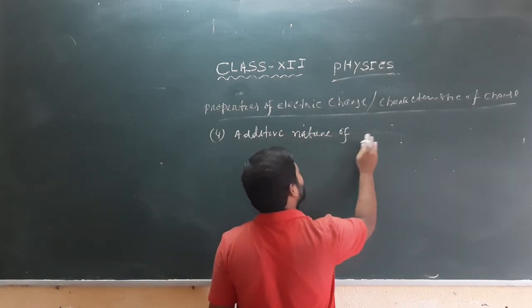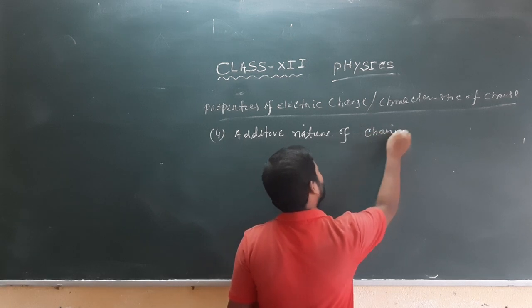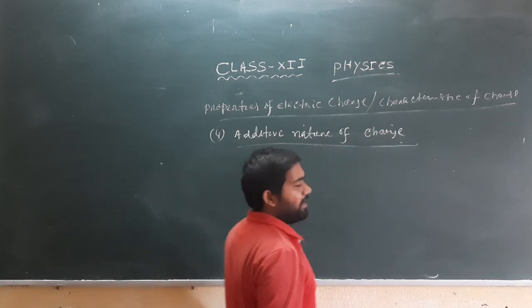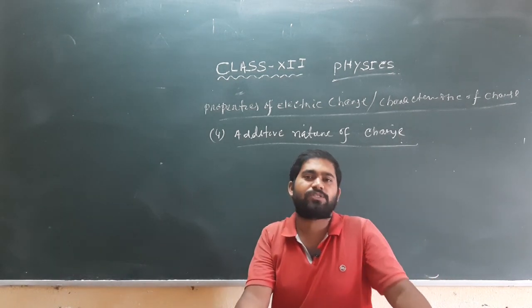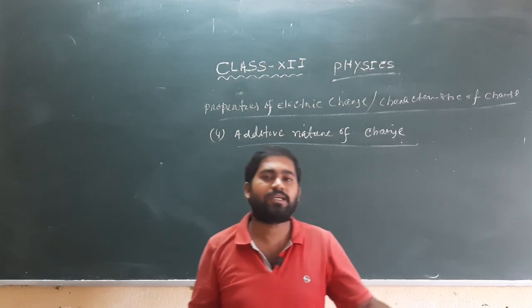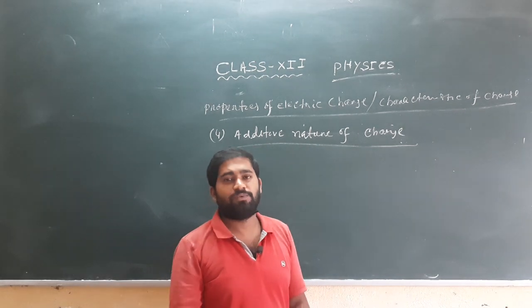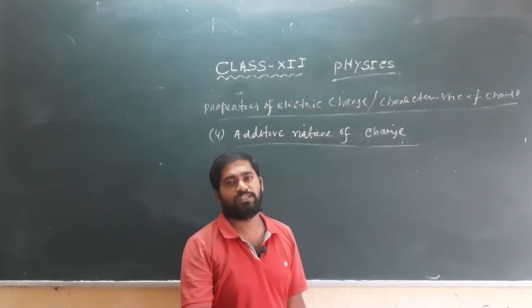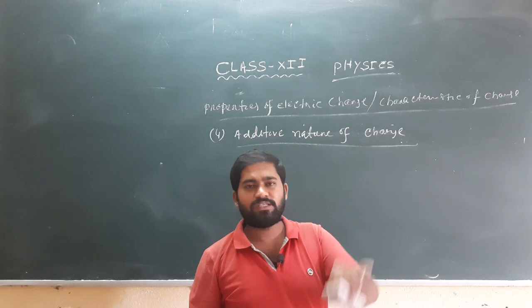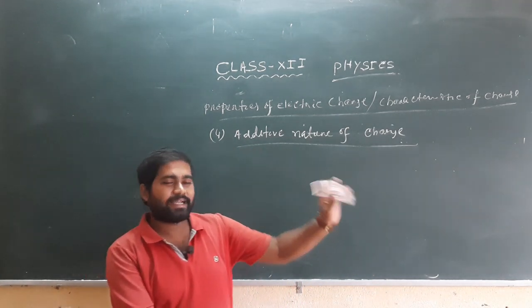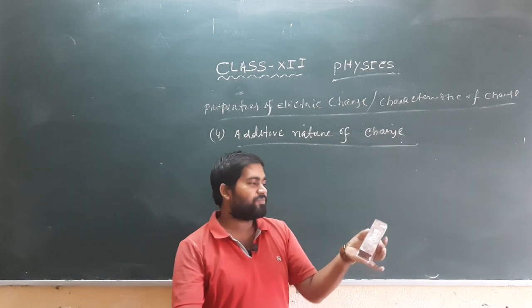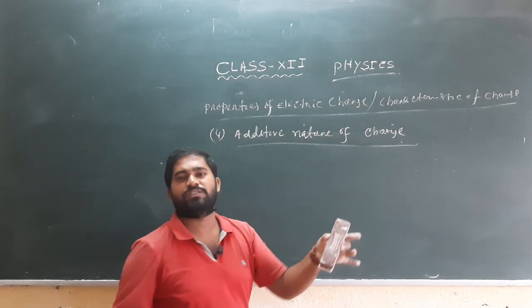Additive nature of electric charge says, if we consider any system which consists of a number of charged particles, plus and minus, then what will be the total charge of that system. If I consider this duster consisting of a number of positive and negative charged particles, then what is the total charge of the duster.